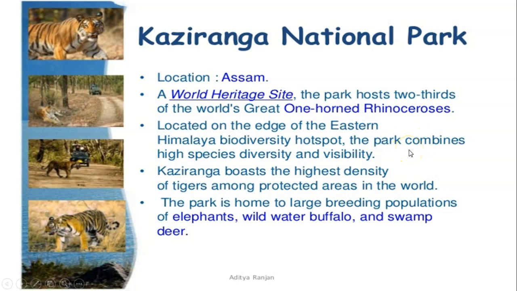The previous national parks we have seen are probably tiger reserves where the number of tigers is large, and here in the case of Kaziranga National Park, which is in Assam, it is famous for the one-horned rhinoceros. Then other animals are elephant, wild water buffalo, and swamp deer.